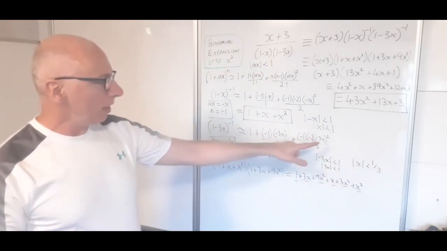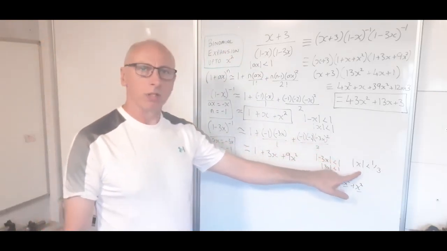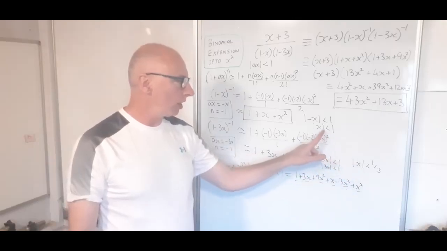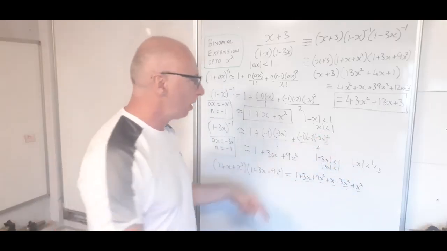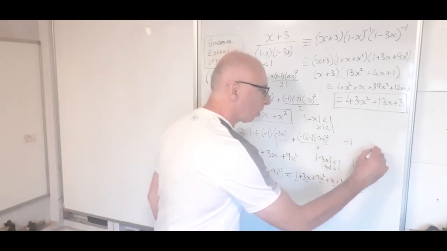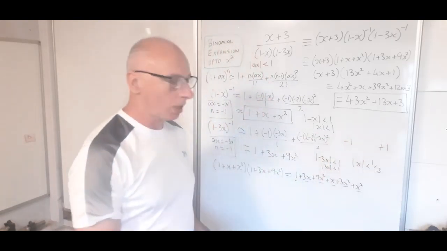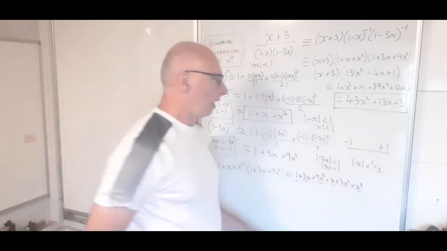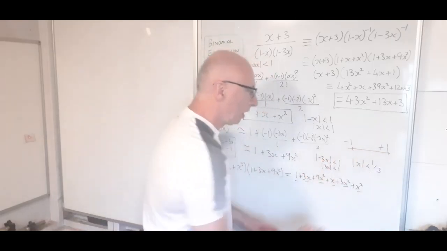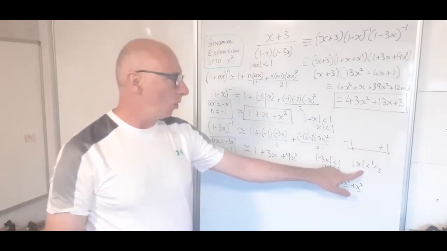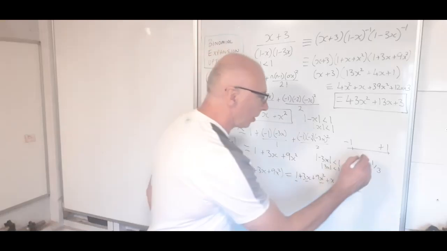So what we do in this case, we take the one with the smallest range. This one, modulus of x is less than 1, is valid from minus 1 to plus 1. So somewhere on a number line there, and just mark them up. This one is valid for 1/3 and minus 1/3.